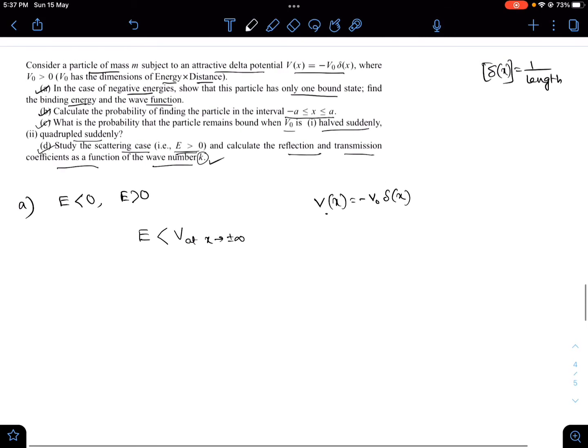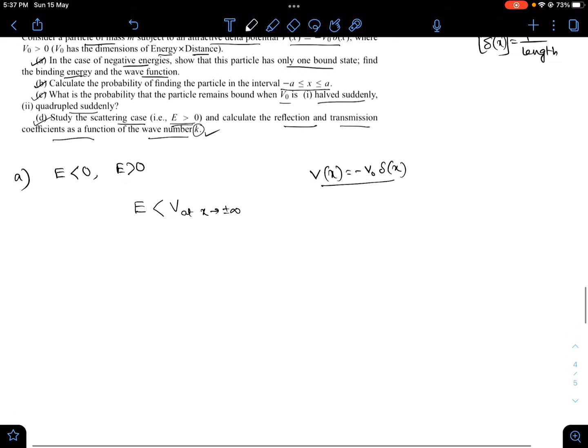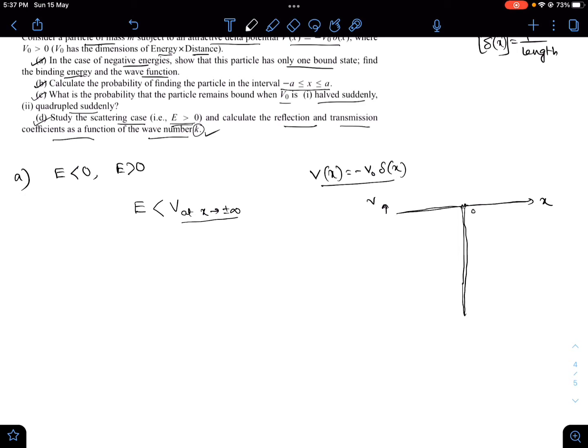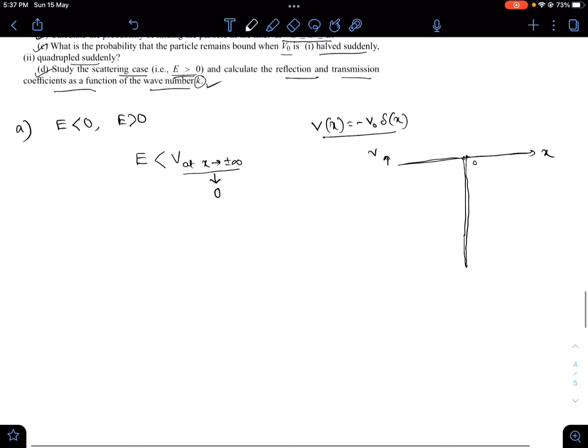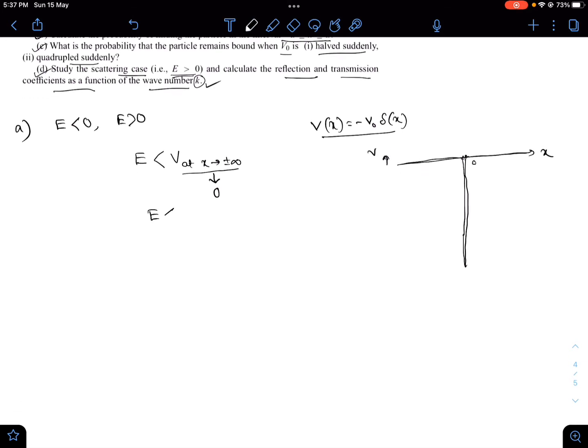And for this given potential, we have our x dimension here, and we can see that only at x equal to 0 we have a negative delta potential, and for the rest we have our potential to be 0. So potential at plus minus infinity is 0. So that is why energy has to be less than 0 for bound state.